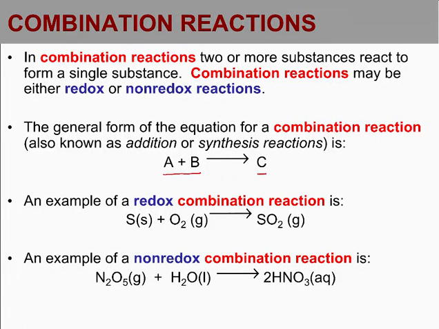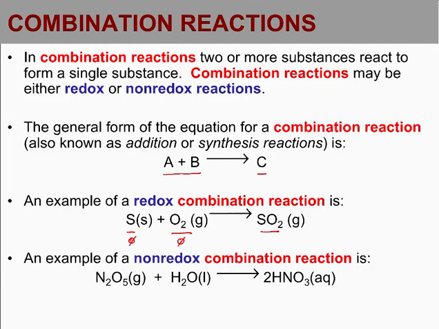So an example of a redox combination reaction is sulfur reacting with oxygen to produce sulfur dioxide. Initially we have pure sulfur, so that would have an oxidation number of 0. And then we have pure oxygen, so we'd also have an oxidation number of 0.